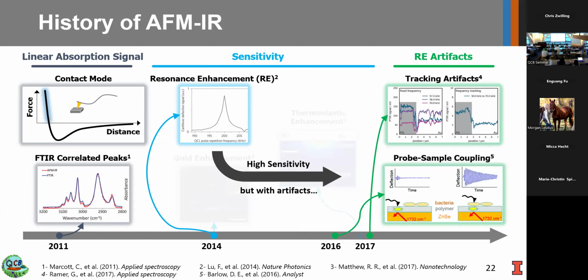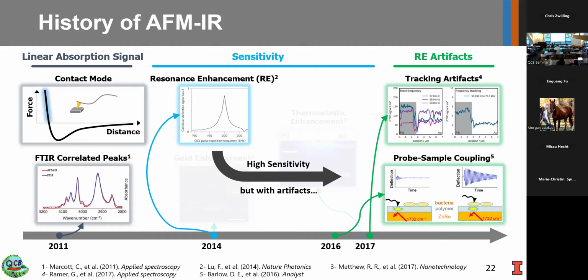So although cantilever resonance enhancement may improve sensitivity by amplifying the cantilever's deflection to the photothermal expansion of the sample, it also is very sensitive to the specific mechanical coupling that exists between the cantilever's tip and the sample itself.